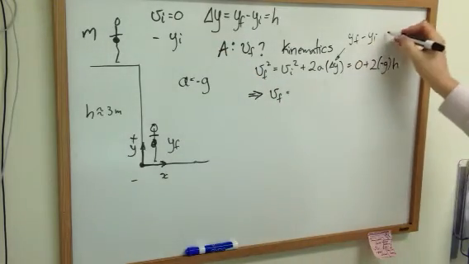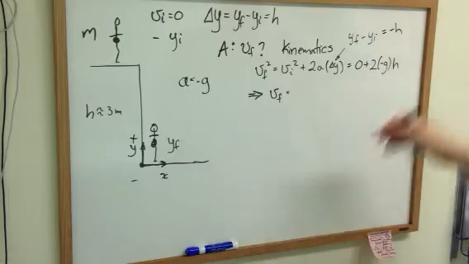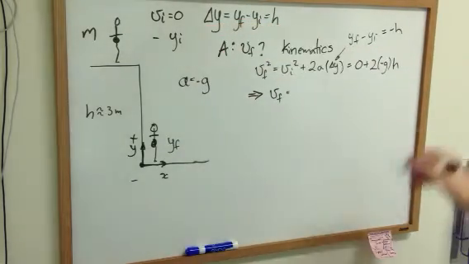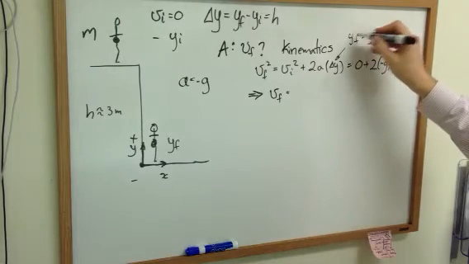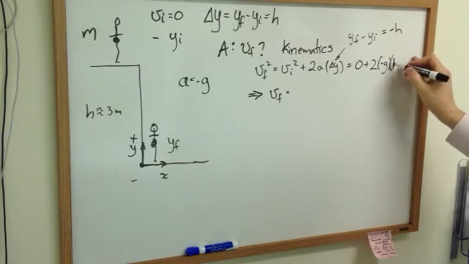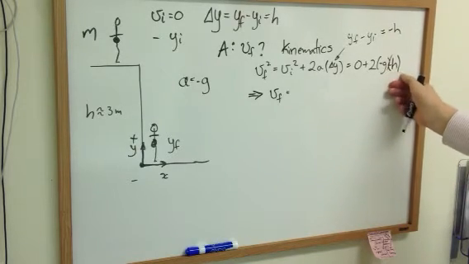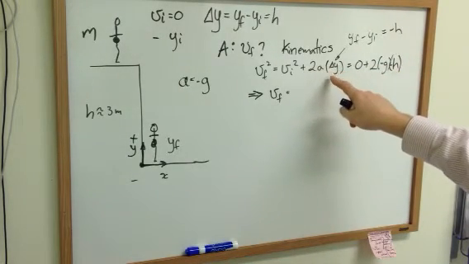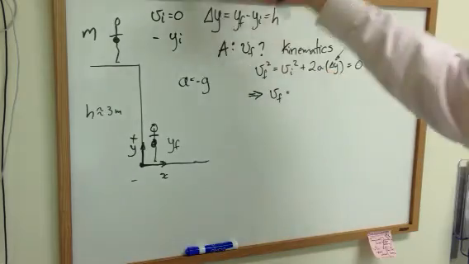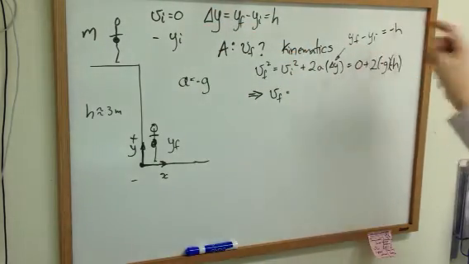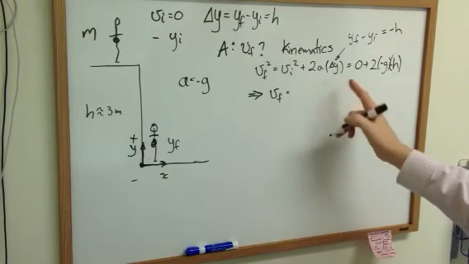This is actually equal to negative h, because his position changed in the negative direction. So we have to be careful with the sign here. This is not h, this is actually negative h, because it's a change in position from a high position to a low position. Final minus initial, that's negative h.